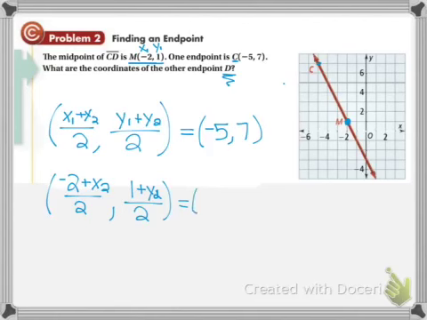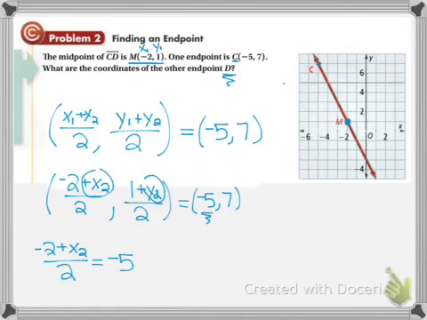And that equals our midpoint, which is (-2, 1). Now, to find x2 and y2, I can set each piece equal to the coordinate in the midpoint. So I have (-5 + x2)/2 equals the x of my midpoint, which is -2, and (7 + y2)/2 equals my y, which is 1.